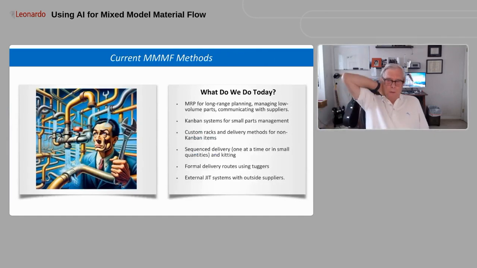Okay, so what do we use today for material management, for mixed model material flow? What are the tools we use, before we start talking about AI? Well, typically MRP is used, even in lean companies. We used to have a badge in the first lean consulting company I worked for.